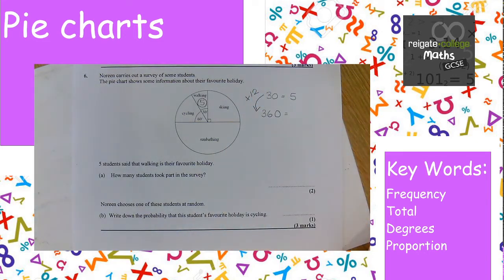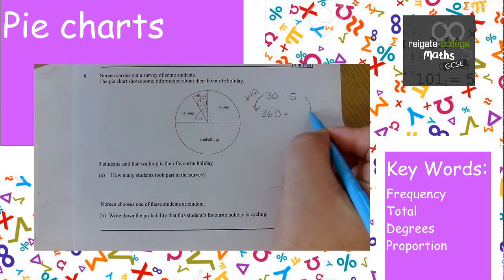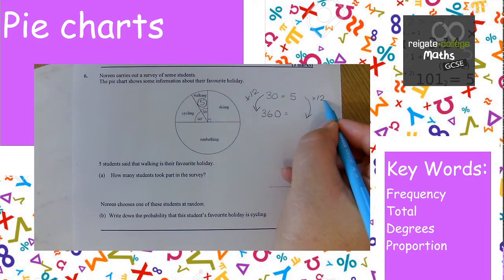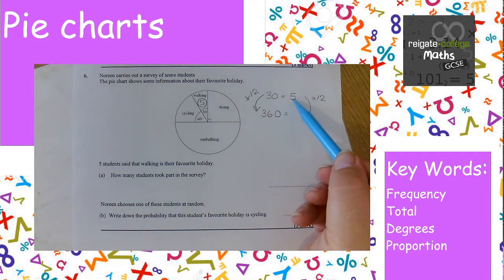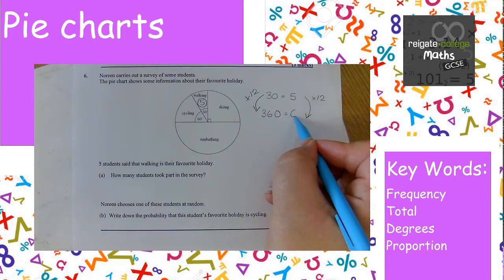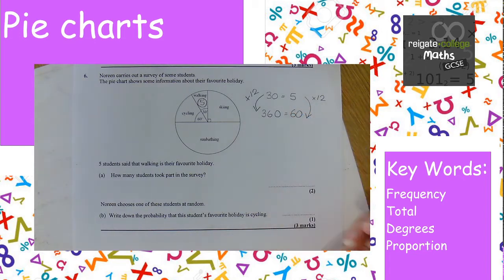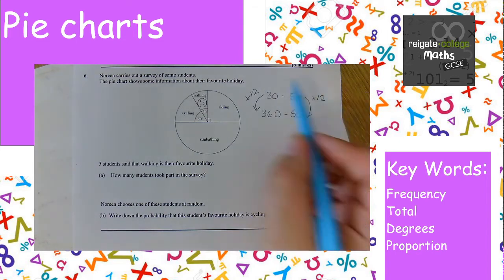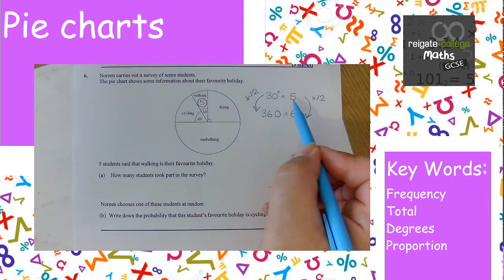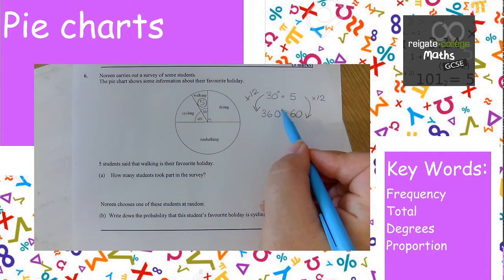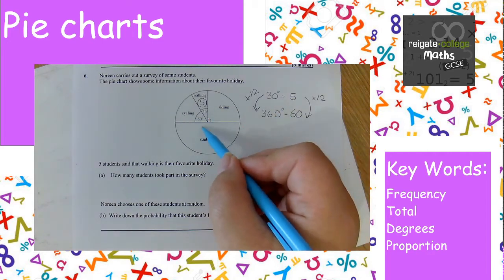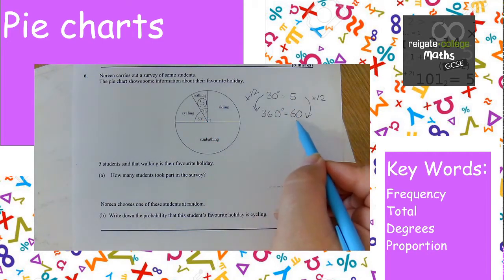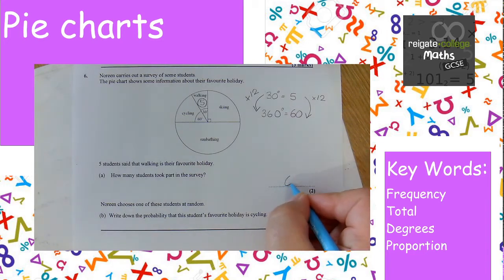So that's our multiplier. You could do that by division sum on the calculator. And our rules of ratio say what we do to one side we must do to the other. So we need to multiply 5 by 12. 5 times 12 is 60. So what we're saying is if 30 degrees is equal to 5 people, 360 degrees, the whole circle, is equal to 60 people. 60 people took part in this survey.